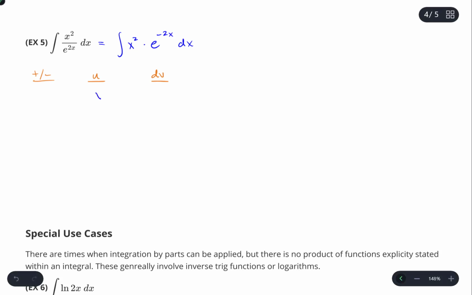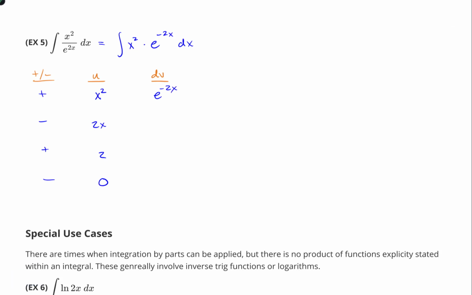Now, u is my algebraic function in this case, and it would differentiate as 2x, then 2, and finally 0, which means I would need positive, negative for these signs. dv is the function e to the negative 2x. Now, e to the negative 2x needs to get integrated.